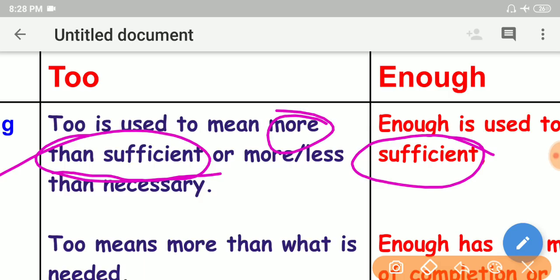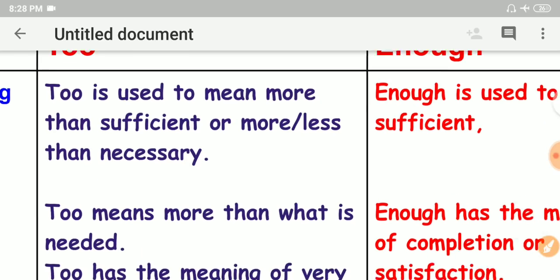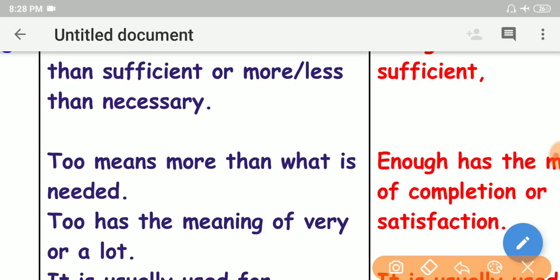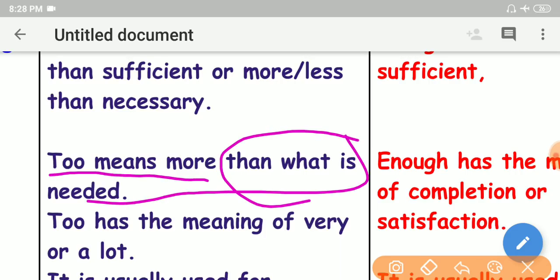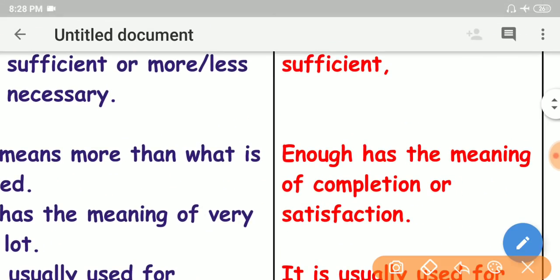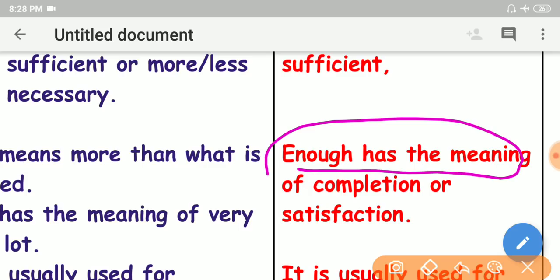So at the same time, let us discuss the other meaning of the word too. Too means more than what is needed. At the same time, enough has the meaning of completion or satisfaction.